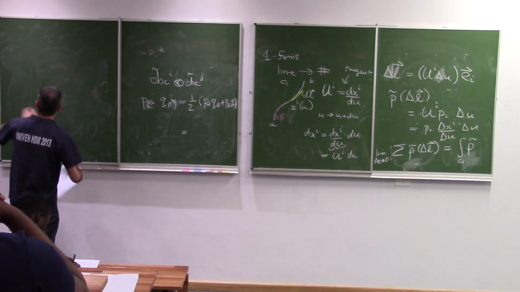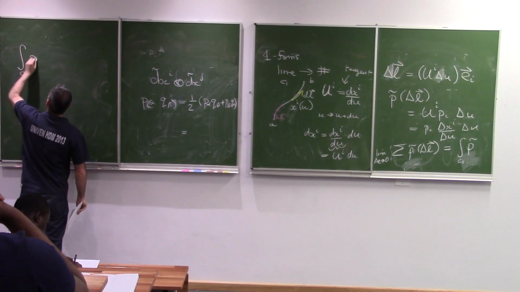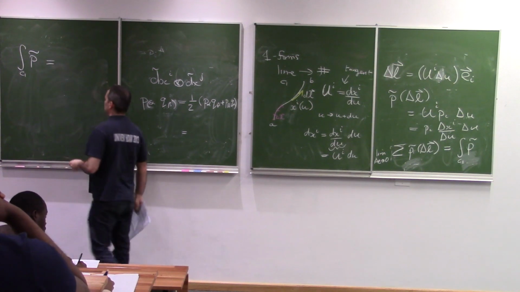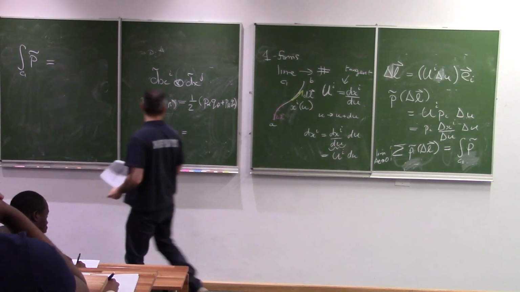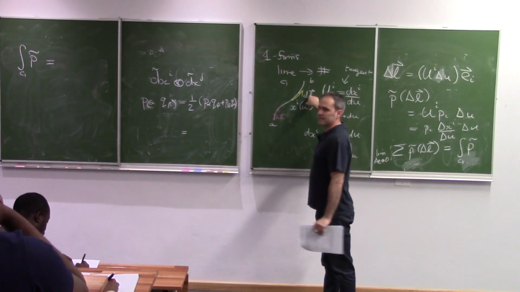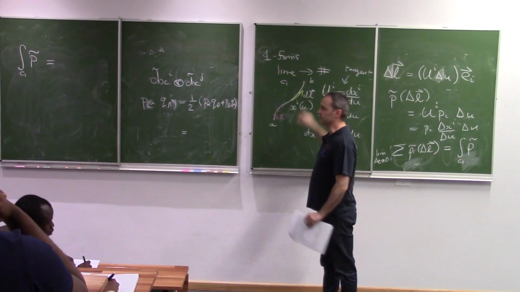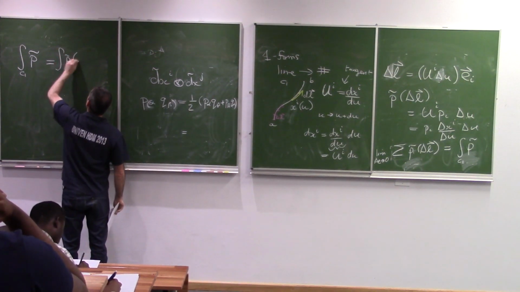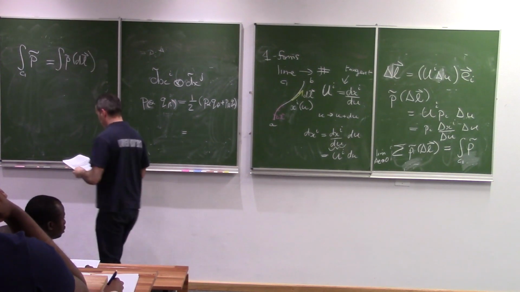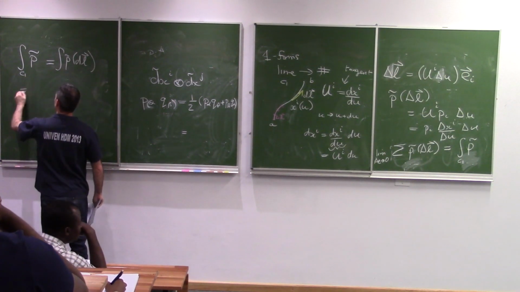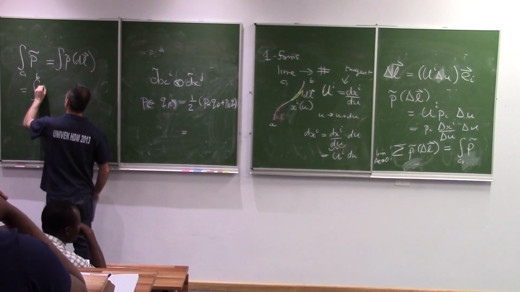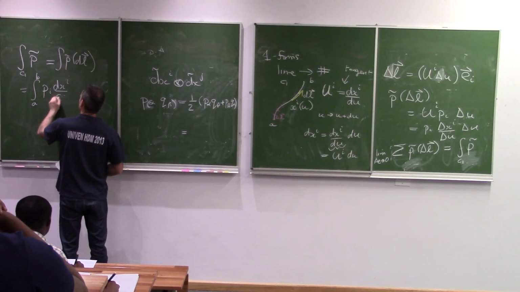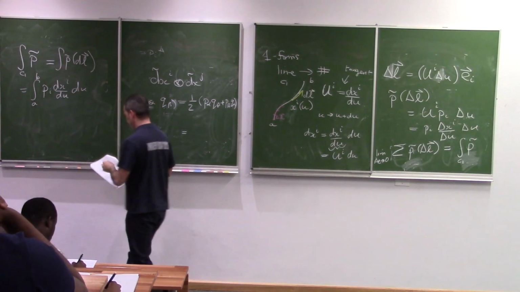Good. So what that is equal to is this: I have to think of this one form as acting on this infinitesimal length element. So that's P acting on dl, and that'll be the integral from a to b of Pi dxi du du.